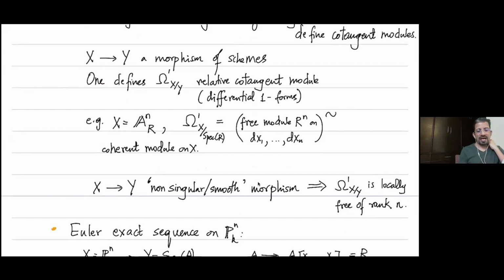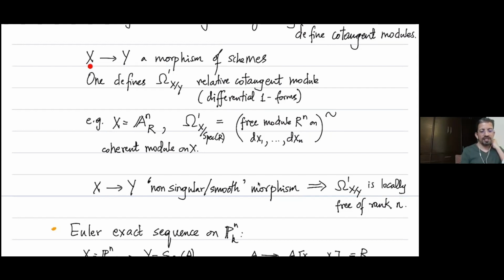So when I have a map X to Y, where you can think of varieties or algebraic sets in affine or projective space, or more generally a morphism of schemes, one can define the relative cotangent module, or what is called relative differential one-forms. The corresponding dual of this, in the context of manifolds, would be the relative tangents.